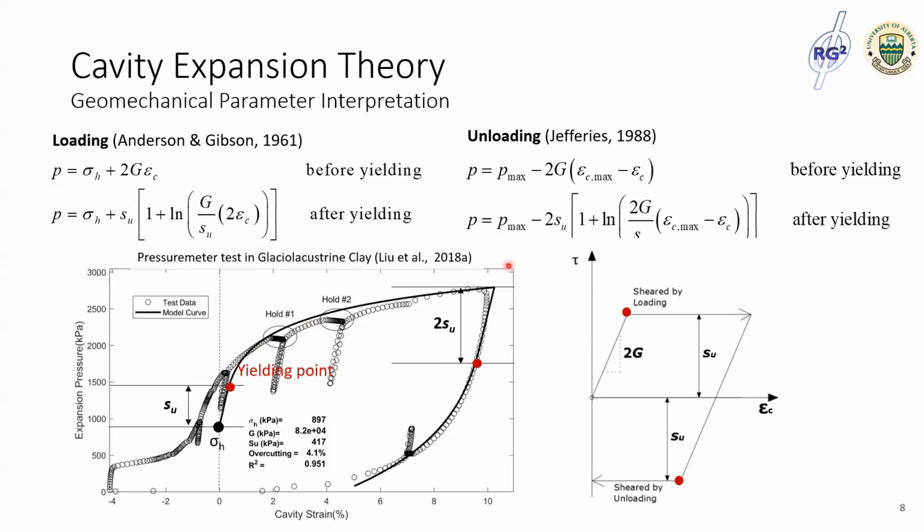By choosing the right constitutive parameters, for instance the in-situ stress, shear modulus, and undrained shear strength, the whole test data can be fitted by this closed-form solution. Here it shows a test in glacial clay. We have this data from Seattle before.